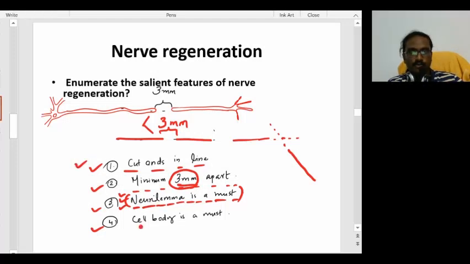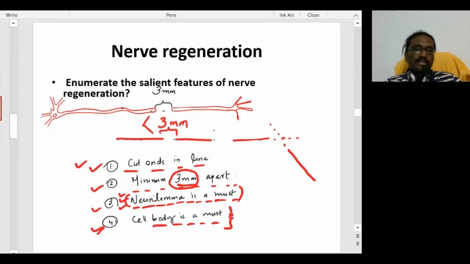Then about neurolemma, and then the cell body is a must. What you need to understand here is, I have already told that in some cases of nerve degeneration in retrograde fashion, you might see that the cell body swells and sometimes it bursts.